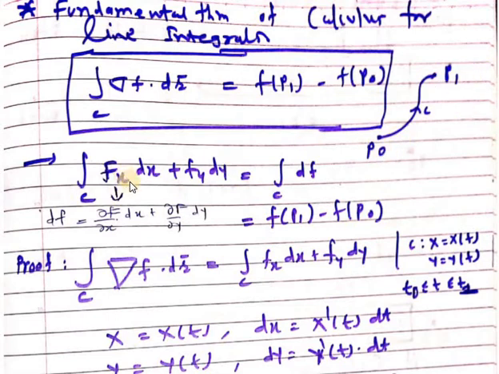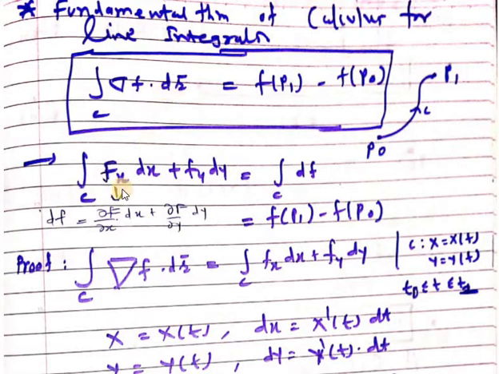So let us see its first proof. The integral over C of f sub x dx plus f sub y dy can be written as grad f dot dr. As we know, grad f can be written as del f by del x i plus del f by del y j, and dr can be written as dx i plus dy j.